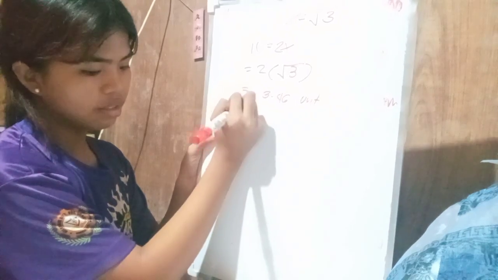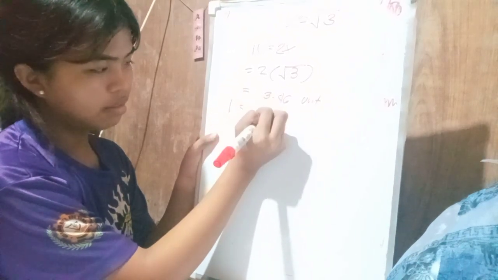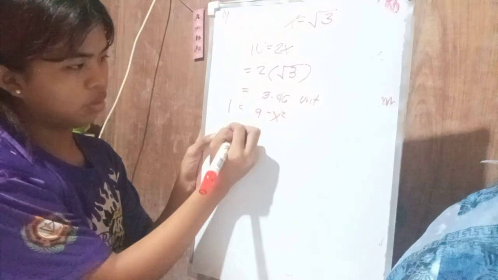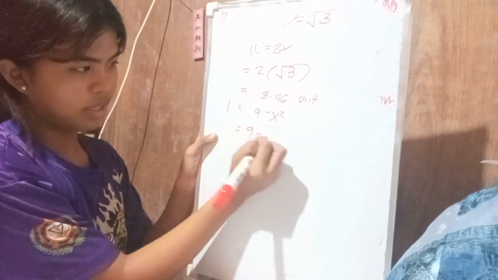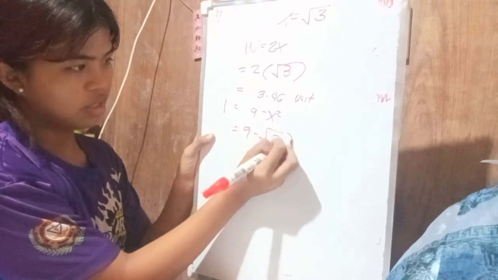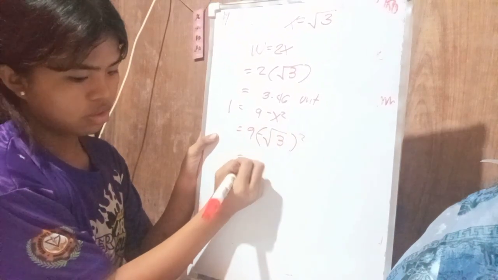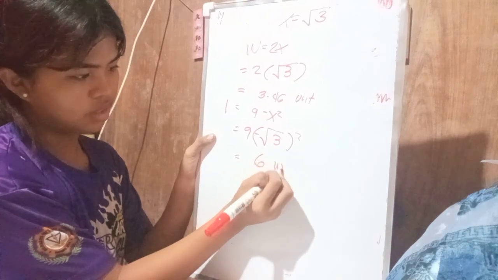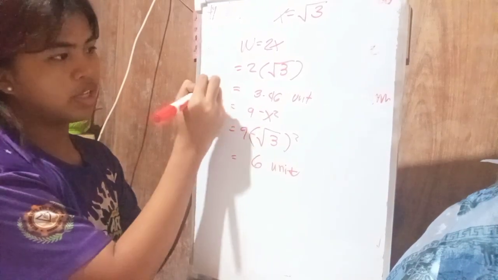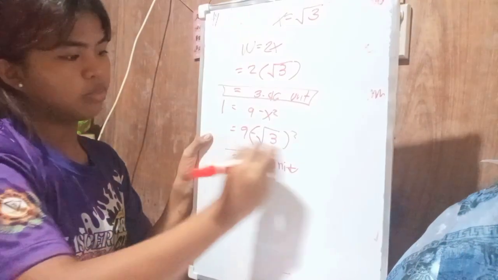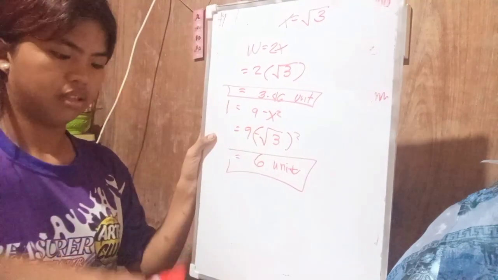While the length is 9 minus x squared, so it equals 9 minus square root of 3 squared. So the answer is 6 units. So that is the answer for the width and that is the answer for the length. Okay.